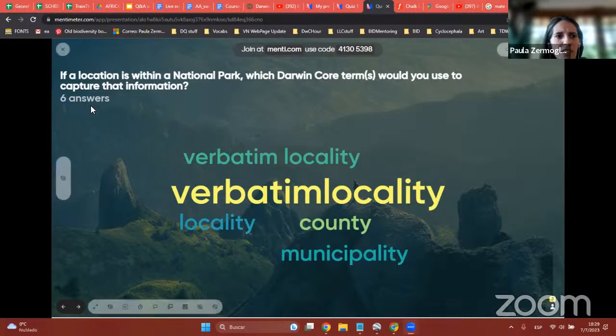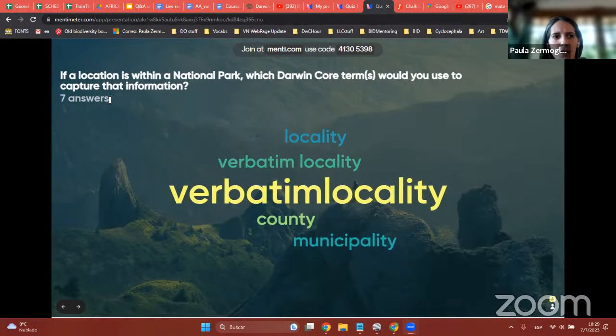Here it says that we have 6 answers, but it's actually the number of words that have been submitted, from 4 participants. Down here you can see the amount of people that have sent their answers.